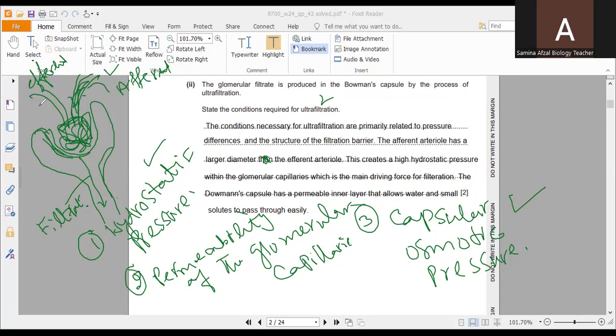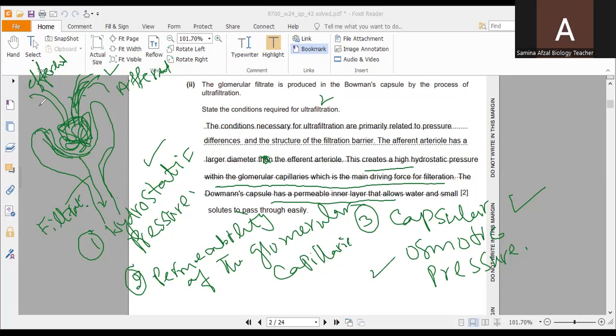I already told you, first of all, the hydrostatic pressure, which is produced due to the diameter difference of the afferent and efferent blood vessels. Secondly, the permeability: the Bowman capsule has a permeable inner layer, due to which water and small solutes pass through easily.